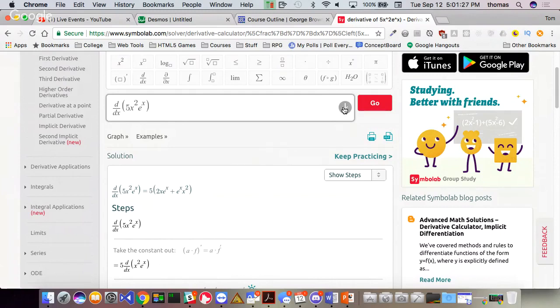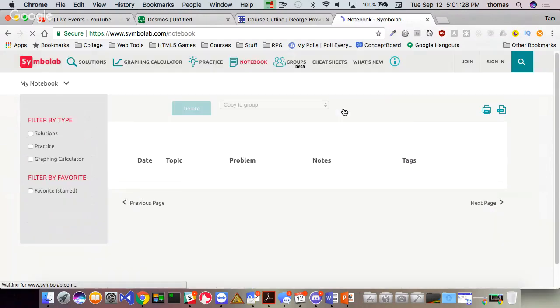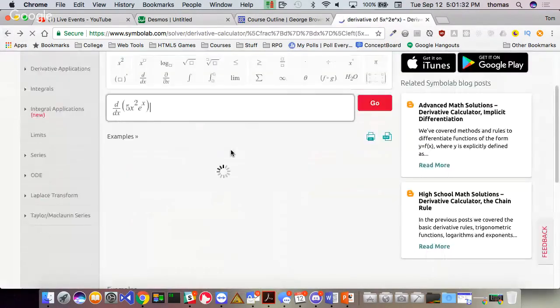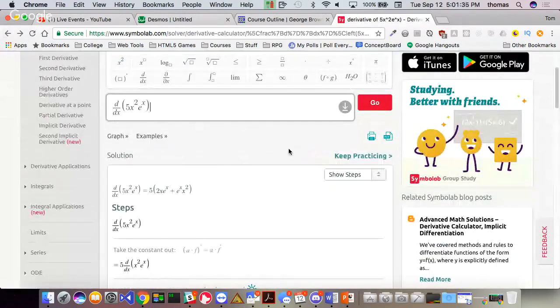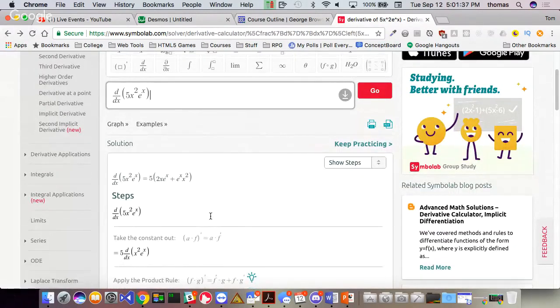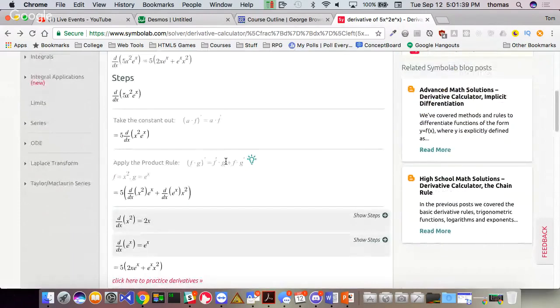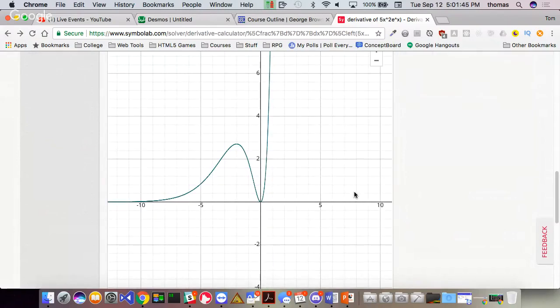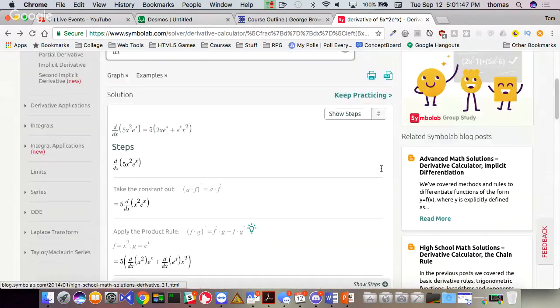Okay, notice it says, what's this? No, I don't want to do that. I don't want to subscribe. But what if I want to take the derivative of the next step? I think it actually allows you to take the next derivative if you want to. Oh, it even gives you the graph. Wonderful.